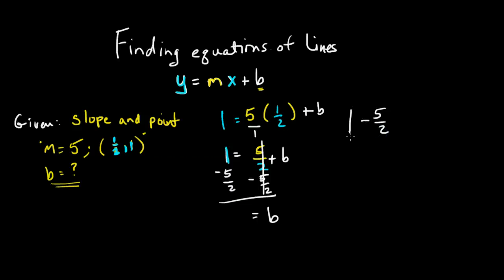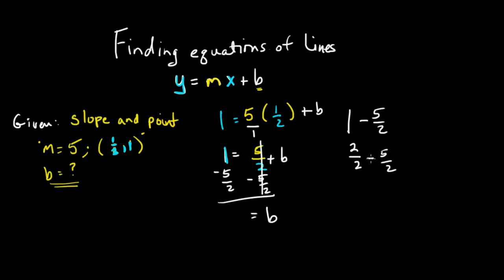So I need to understand 1 with a denominator of 2, and since 1 is any number over itself, what I have is 2 over 2 minus 5 over 2. Let's see, I have $2, I owe somebody $5, so really I still owe them 3/2 of a dollar, we'll say. So my b now I know is -3/2.